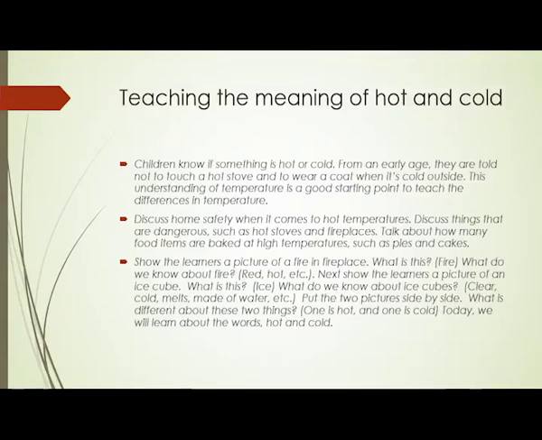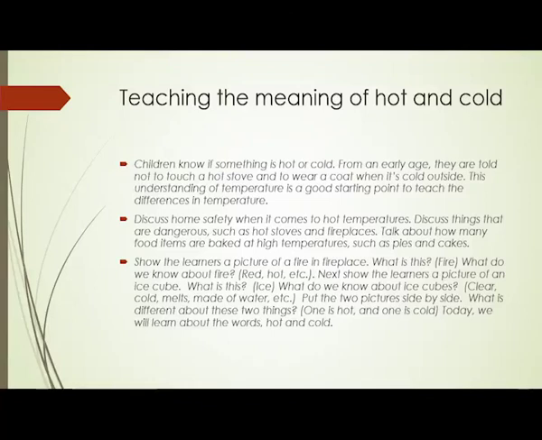Teaching the meaning of hot and cold. Children know if something is hot or cold because from an early age, they are told not to touch a hot stove and to wear a coat when it's cold outside. This understanding of temperature is a good starting point to teach the difference in temperature.